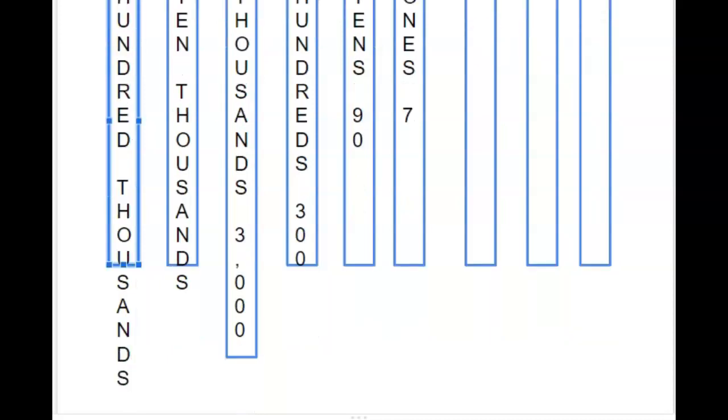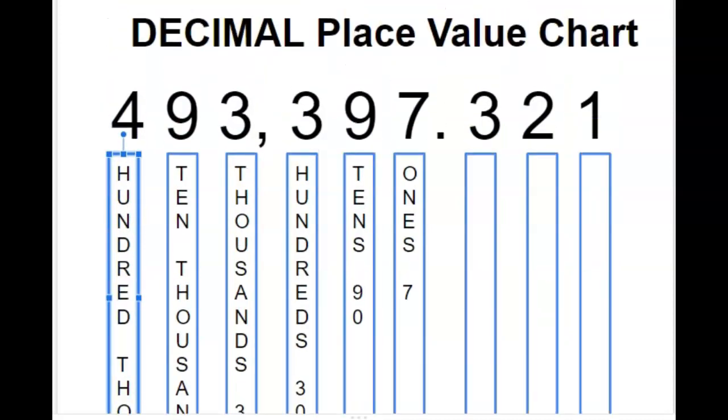Okay, and I do suggest that you take notes on this, because when you write it, it will help you remember it more. So we have so far the ones, the tens, the hundreds, the thousands, the 10,000s, and the 100,000s. Then after the period, we have our decimals.